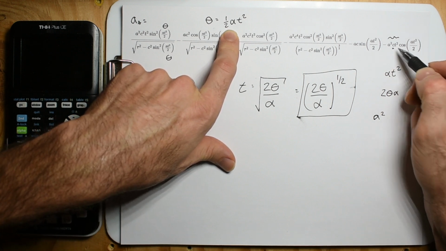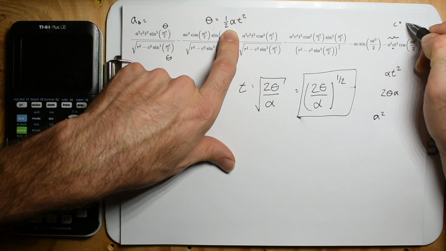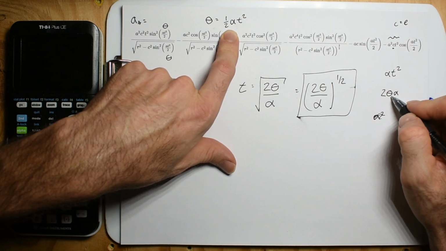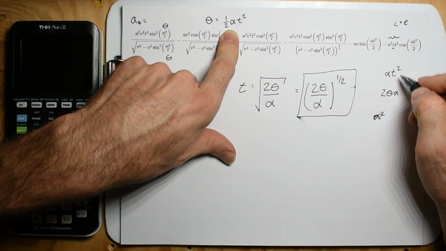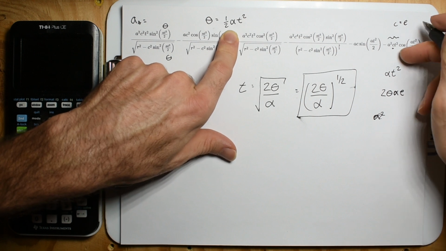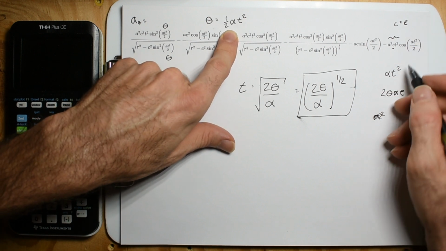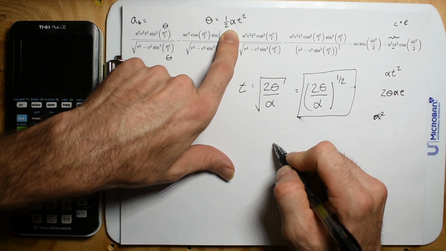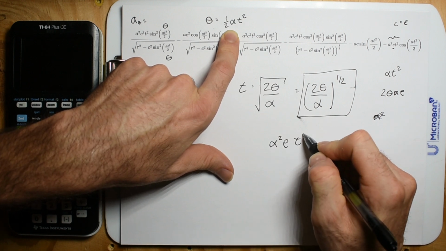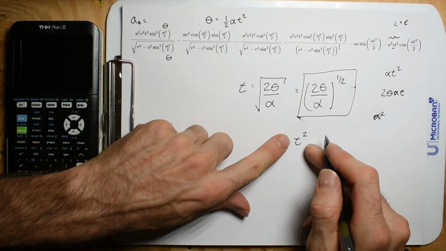oh, and this has a c. That c is the eccentricity e. Sorry about that, I did not see it. So we would have 2 theta alpha for the angular acceleration times e. Okay, I think that does it. So let's take alpha squared e, and then t squared.